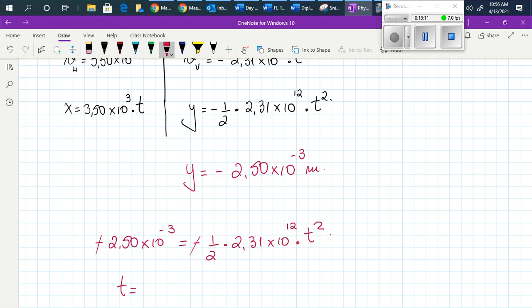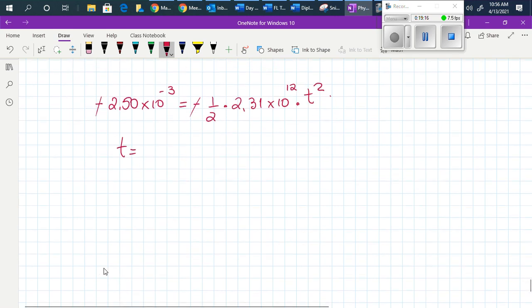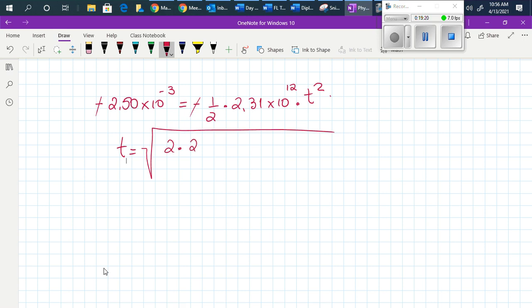Then we find the time as the square root of 2 times 2.50 times 10 to the power of negative 3 divided by 2.31 times 10 to the power of 12.